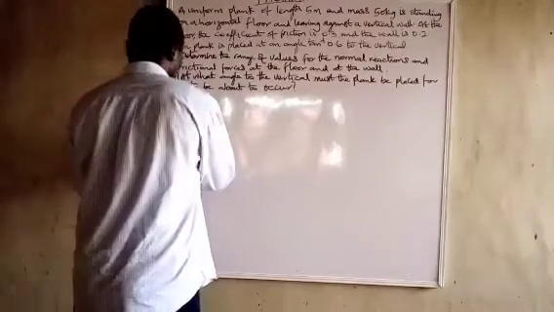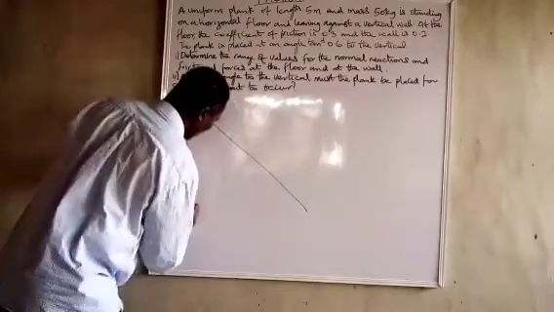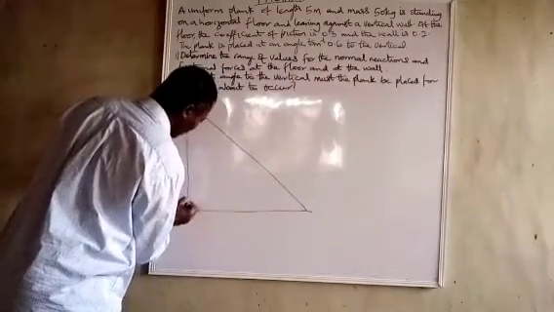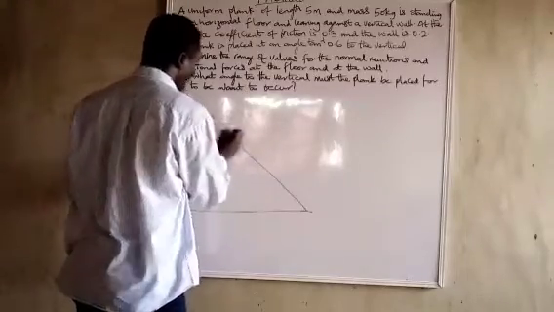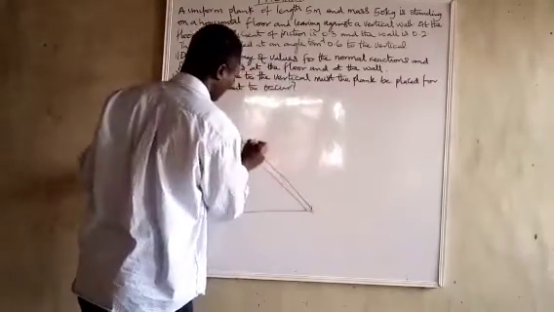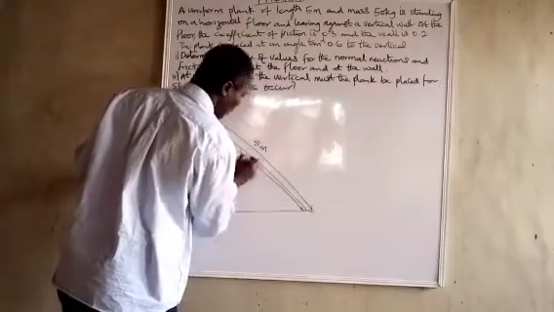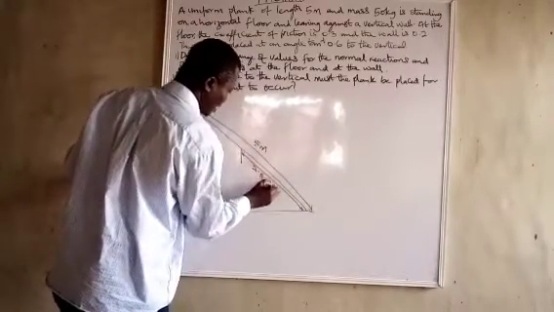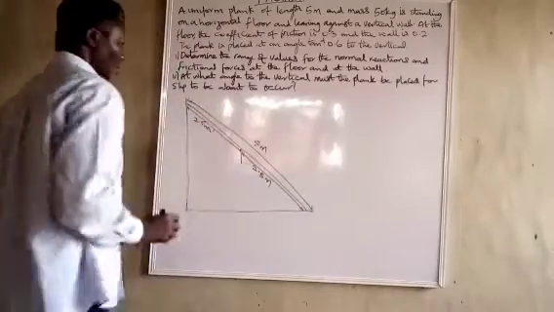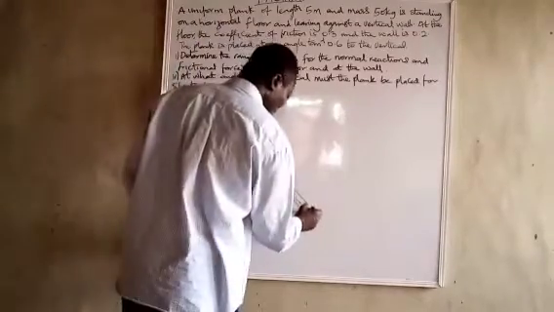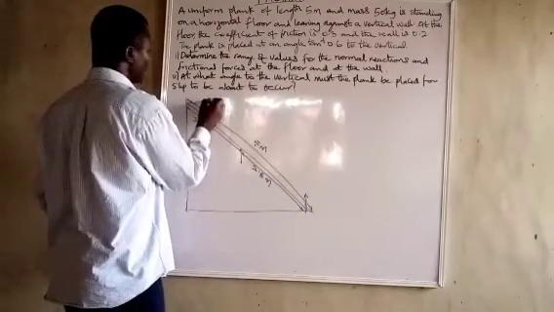We have a scenario like this. This is the plank, and we have a wall, and we have a floor. It is 5 meters long, and it's uniform, which means that from here to here is 2.5 meters, and also from here to here will be 2.5 meters. We know that at this place we have a normal reaction, and at this place too, we have a normal reaction.